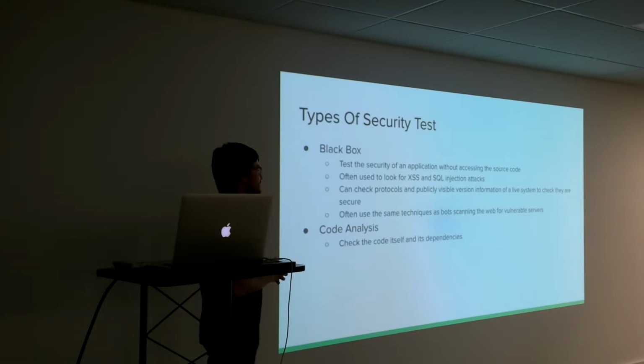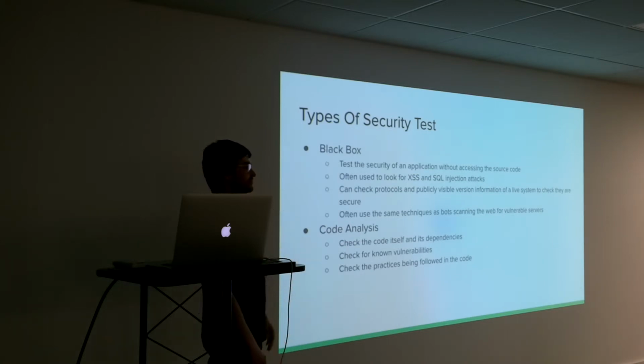So they check the code and its dependencies for issues, look for known vulnerabilities, and check practices of your code. And naturally, when you're using a CI tool, the code analysis style of testing fits better. You're generally analysing your code to look for issues, although it is possible to do some black box testing.